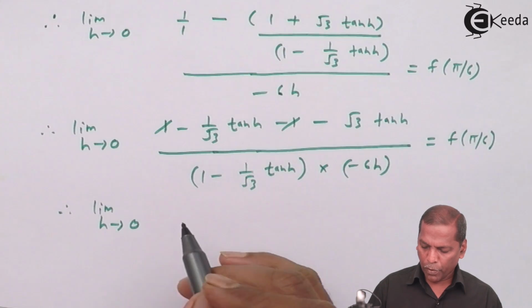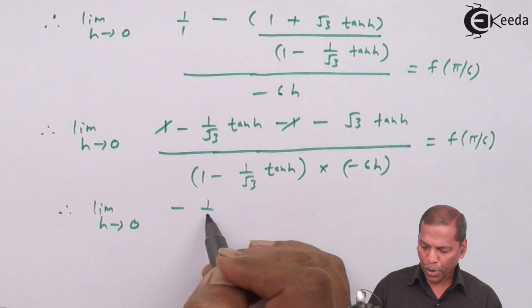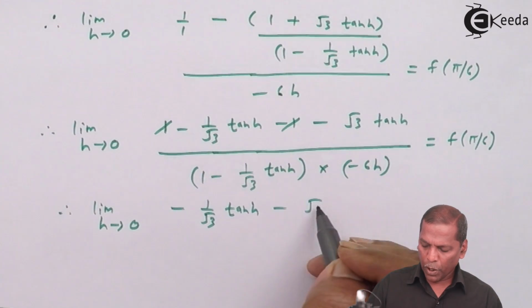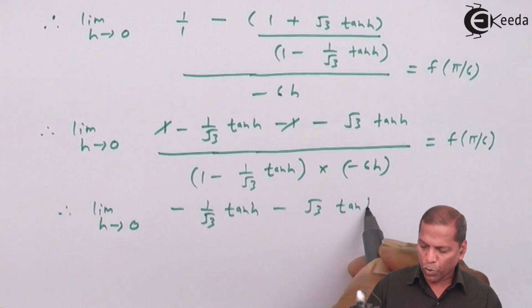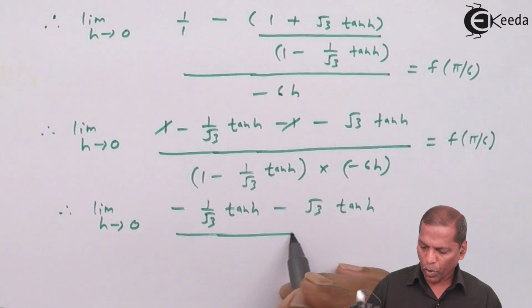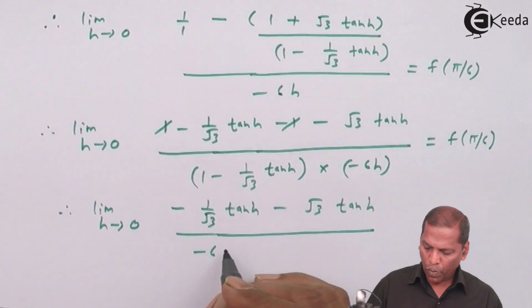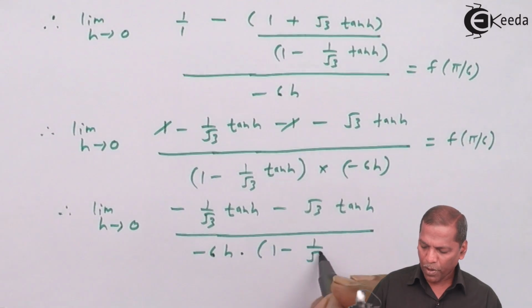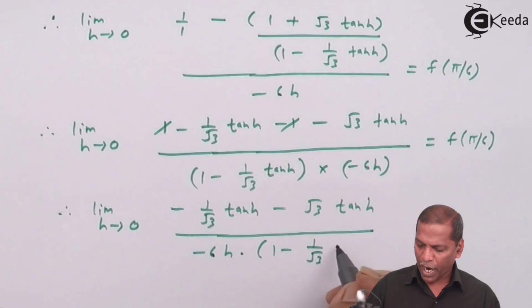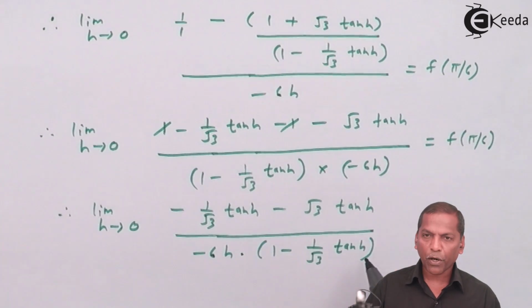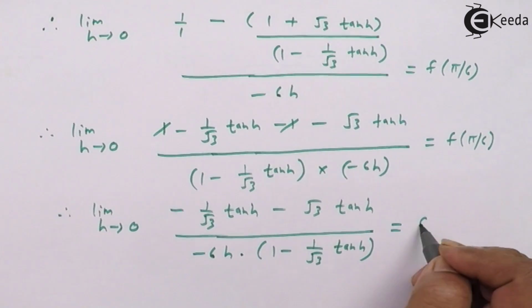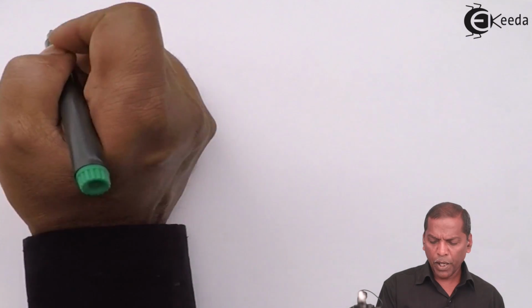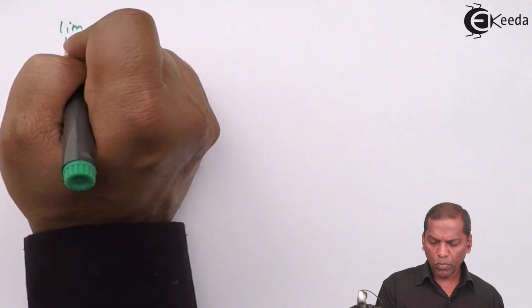In the numerator we have minus 1 by root 3 tan h into minus root 3 tan h, whole thing divided by minus 6h into 1 minus 1 by root 3 tan h, bracket complete, is equal to f of pi by 6. Limit h tends to 0.